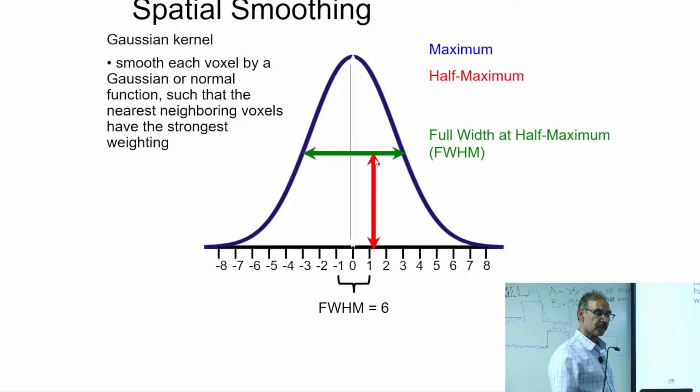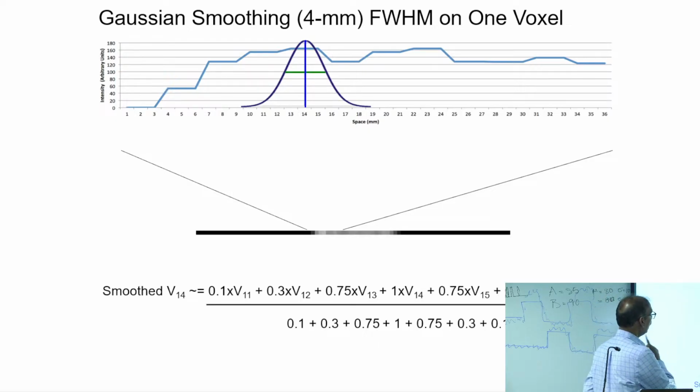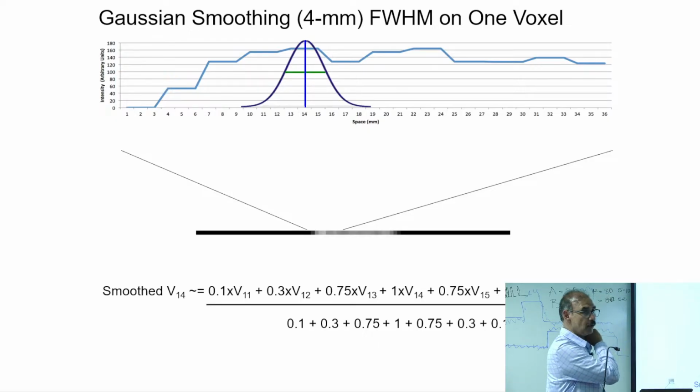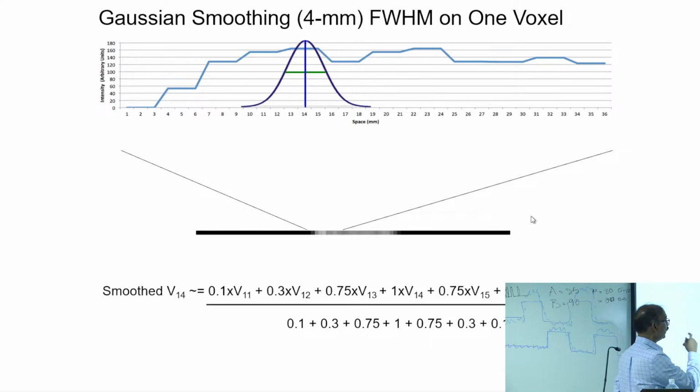And you use this as a filter and do it from the beginning to the end. So what are we doing here? Can anyone explain what we are doing here?